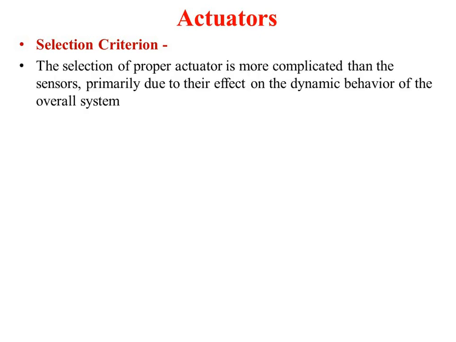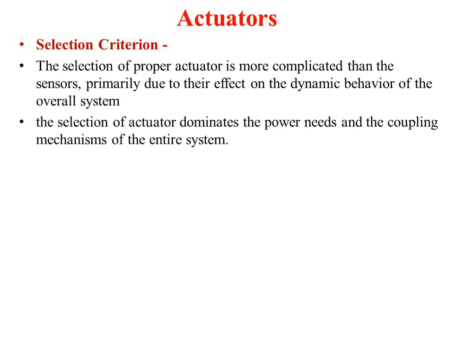So the selection of the proper actuator is more complicated than for sensors, primarily due to the effect of the dynamic behavior of the overall system. Whenever you are going for dynamic behavior, the system becomes complex. If the system becomes complex, obviously the selection criteria becomes complicated.